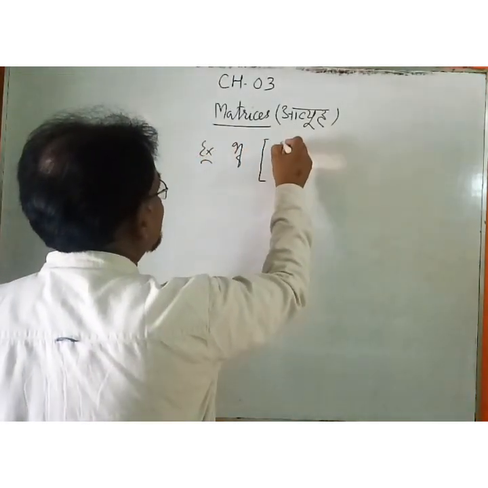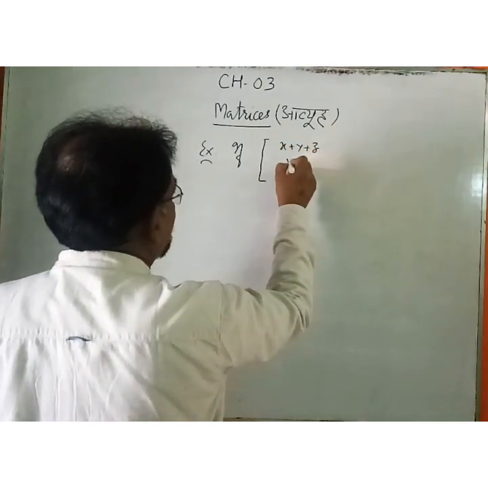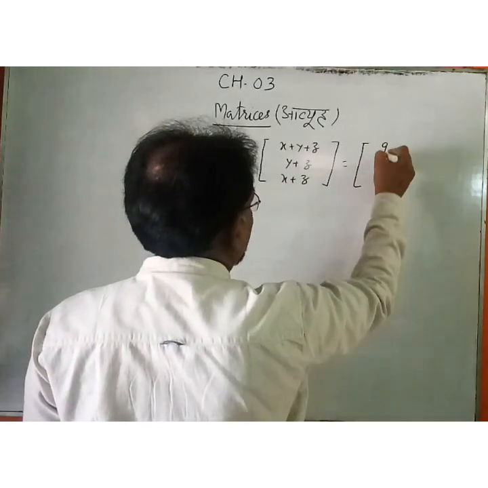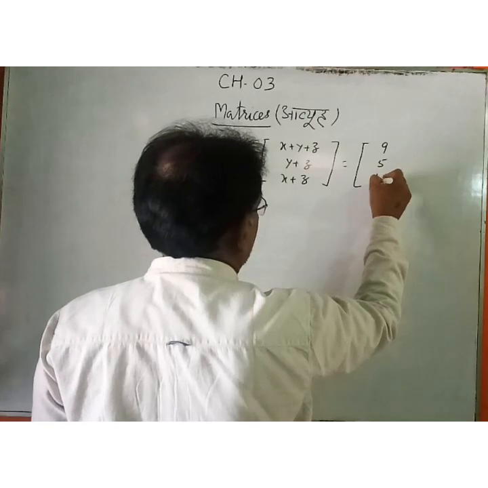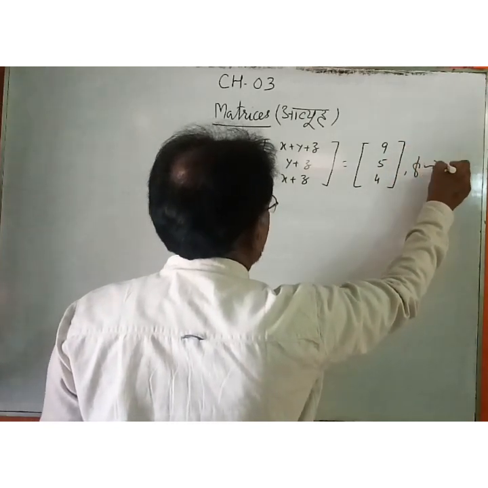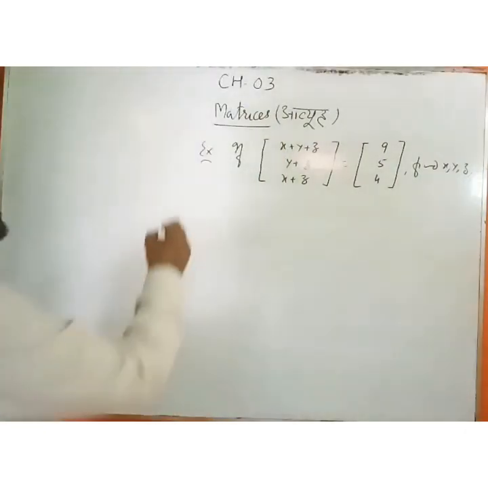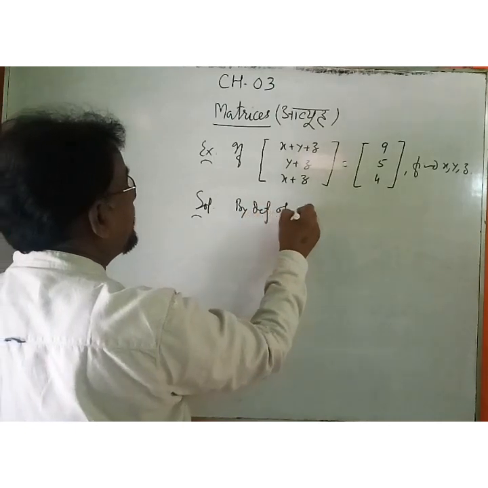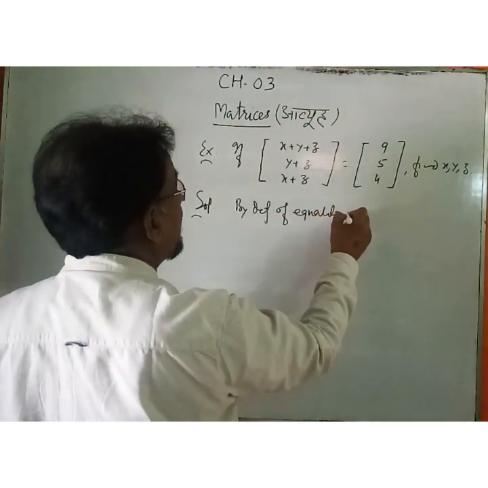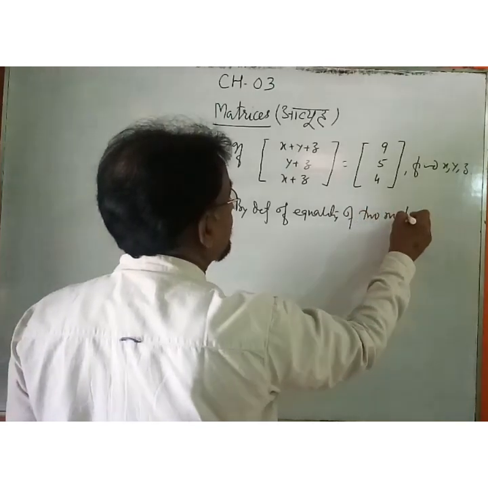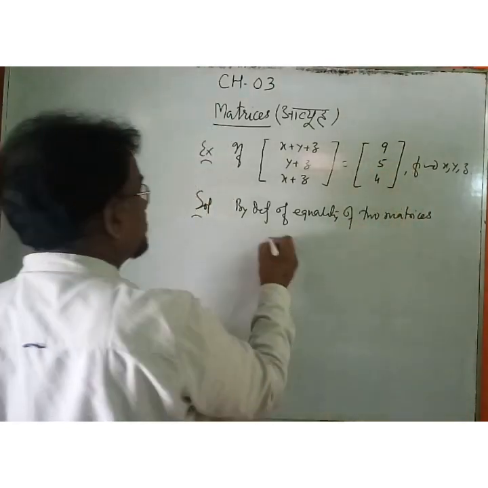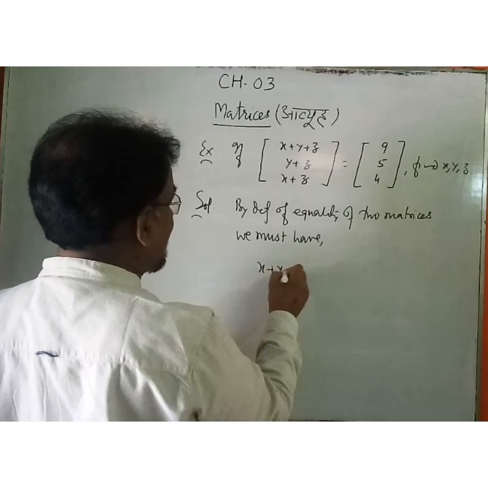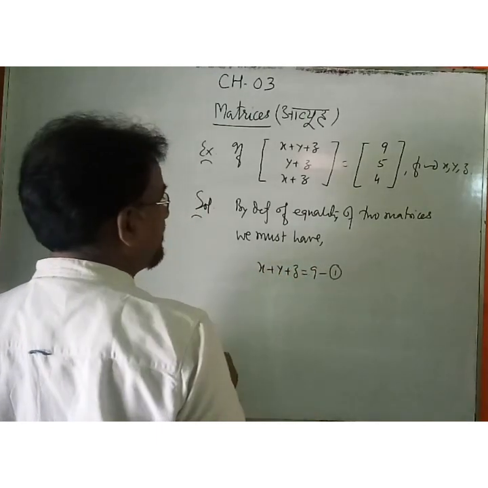If the matrix with entries X plus Y plus Z, Y plus Z, X plus Z is equal to 9, 5, 4, find X, Y, Z. By definition of equality of two matrices, we must have X plus Y plus Z equal to 9, equation number 1.